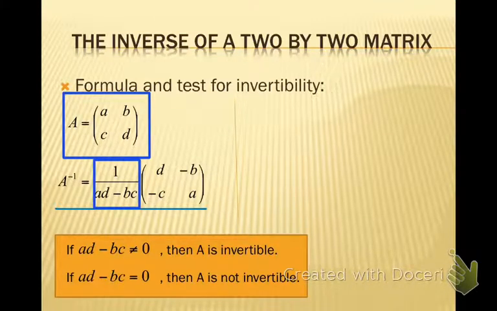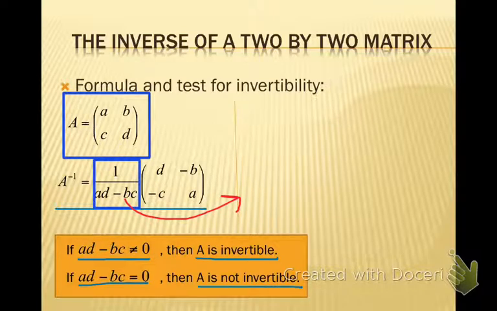If you look at the bottom, we see that if AD minus BC is non-zero, then A is invertible. And if AD minus BC is equal to 0, then A is not invertible. You can see that this AD minus BC is in the denominator of the expression.